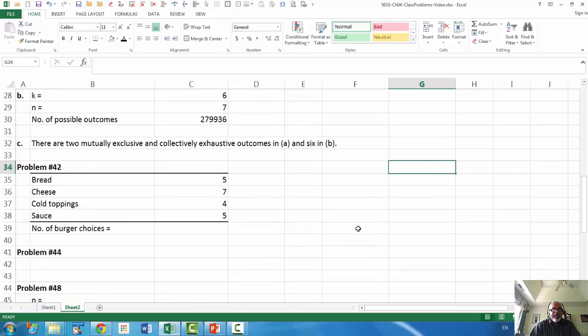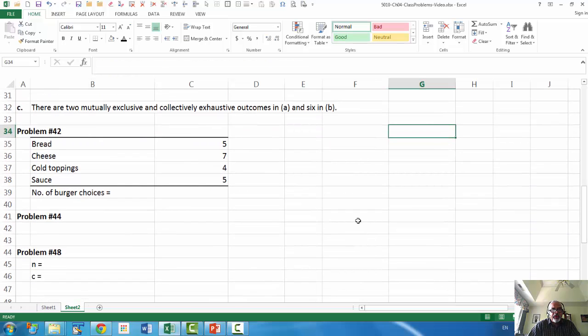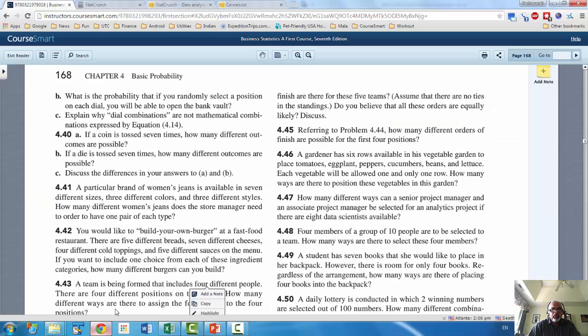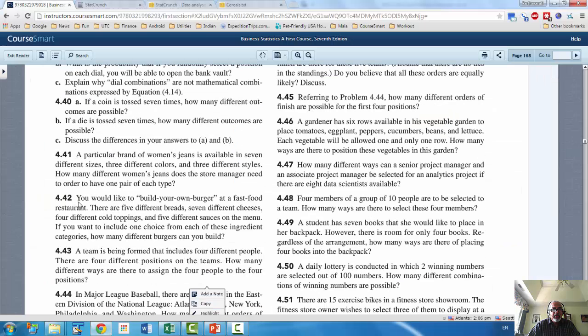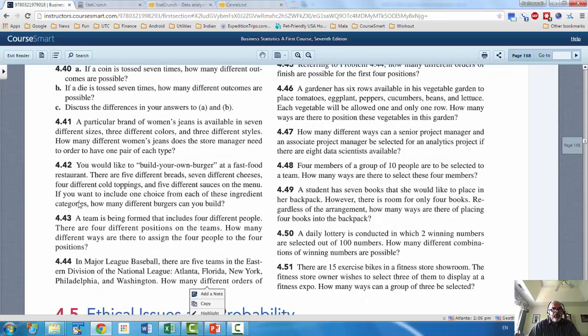Now let's look at problem number 42. If you like to build your own burger at a fast food restaurant, there are 5 different breads, 7 cheeses, 4 cold toppings, and 5 sauces on the menu. How many different unique combinations of the burger can you make?